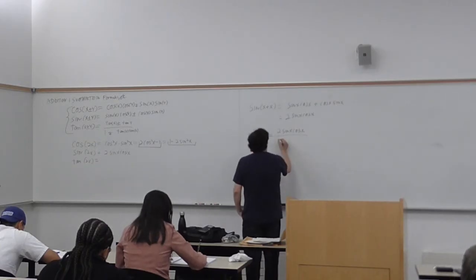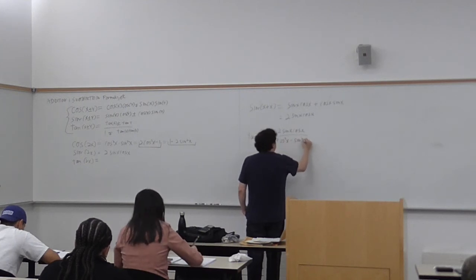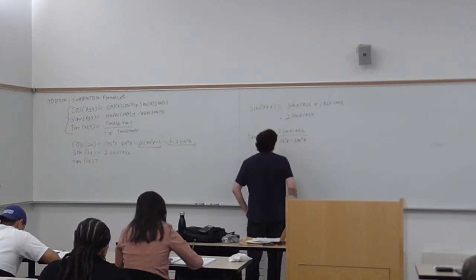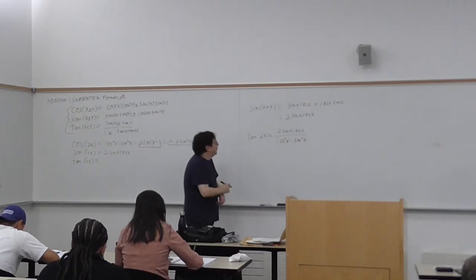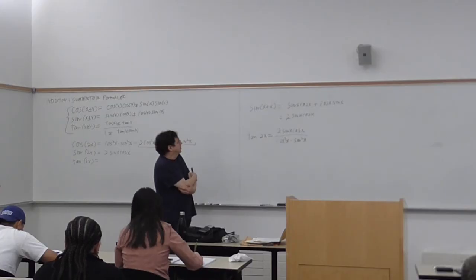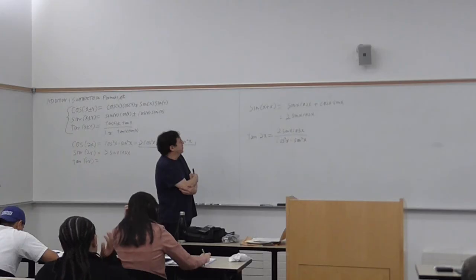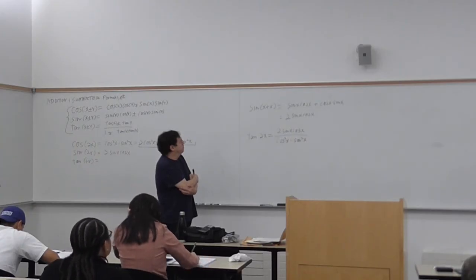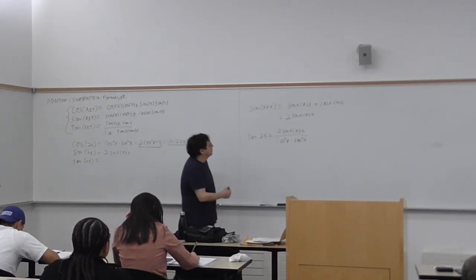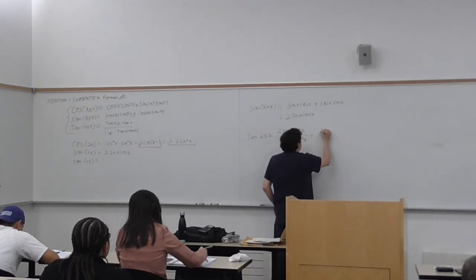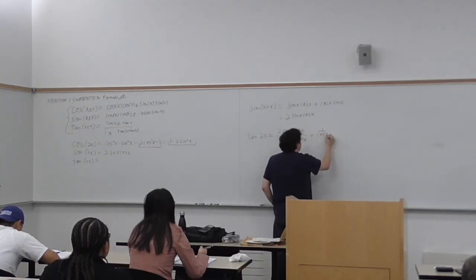Well, it really matters, actually. Let's try cosine squared x minus sine squared x. What could we do to make that a little nicer? Well, why don't we try multiplying this by 1 over cosine squared x.